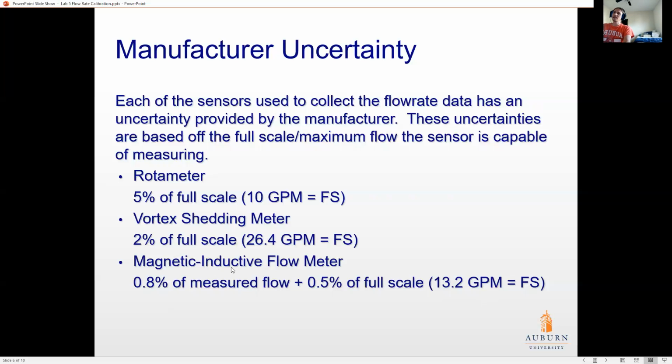Your uncertainty can't be less than whatever you used as the standard. For the magnetic inductance meter, it's 0.8% of the measured flow, whatever the actual measurement was, plus 0.5% of the full scale, and for that one, it's 13.2 gallons per minute. It's the full scale for the flow meter. This is a little bit more complicated to calculate.